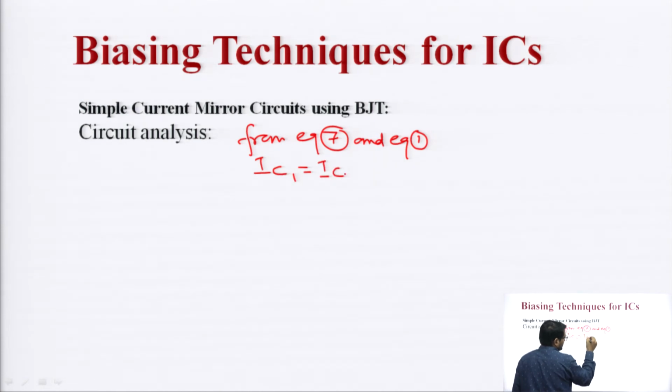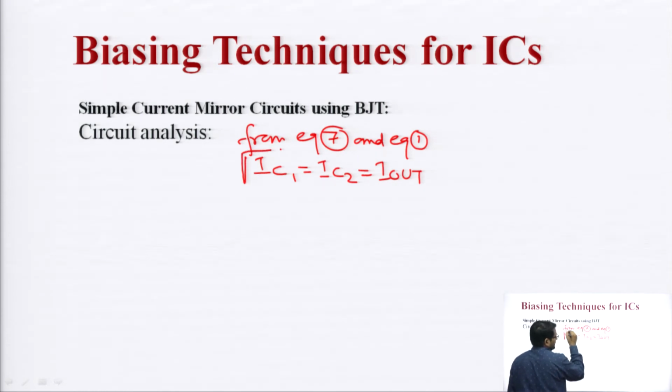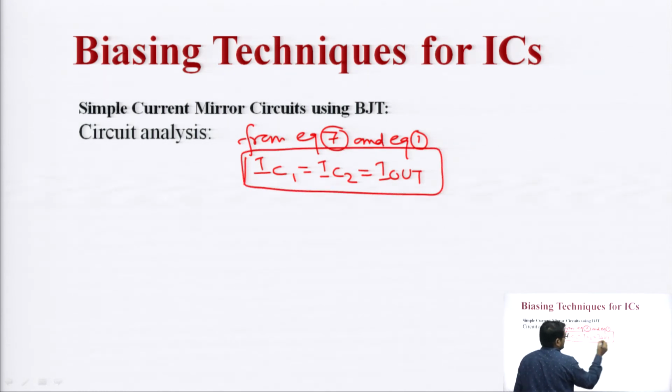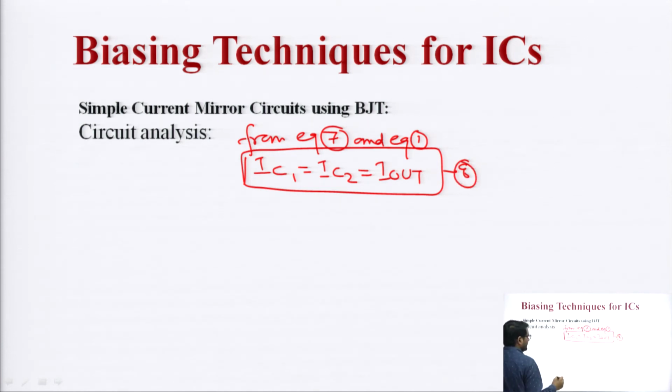From equation 7 and equation 1, IC1 is equal to IC2 and this is equal to I out. Equation 8. Okay.